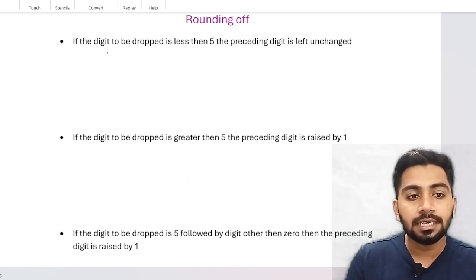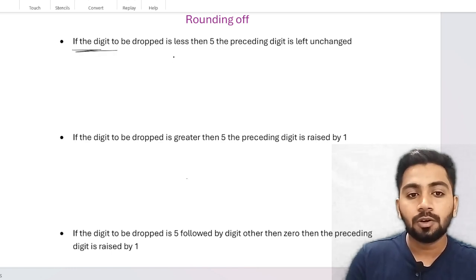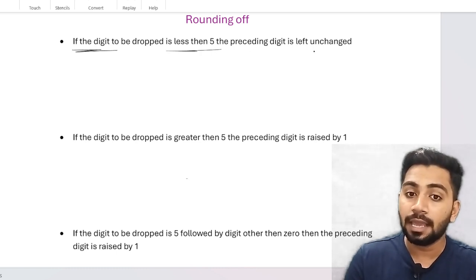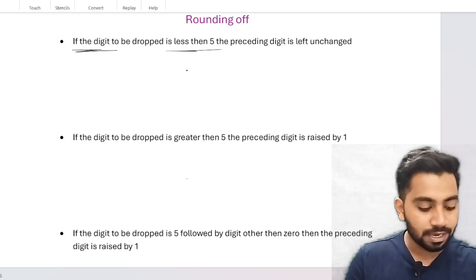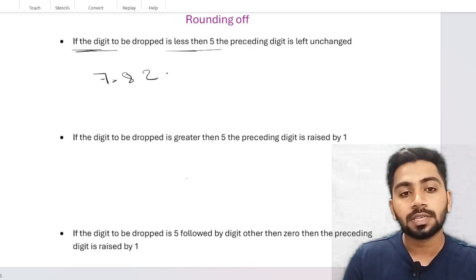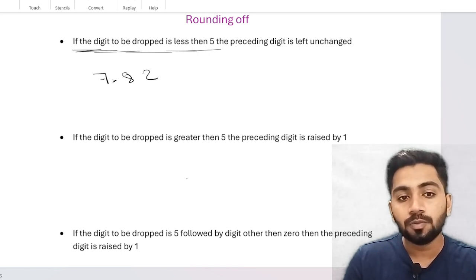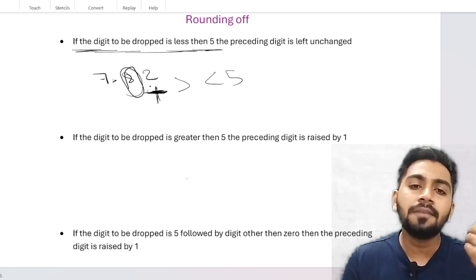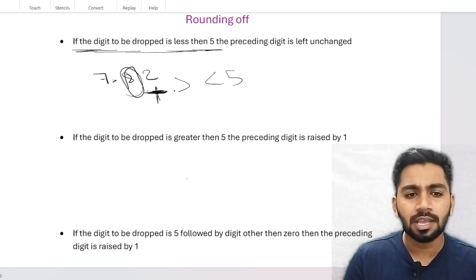If the digit to be dropped is less than 5, the preceding digit is left unchanged. It means very simple. If I take, for suppose, 7.82, the digit to be dropped is less than 5, then we leave the preceding digit as it is, no changes.